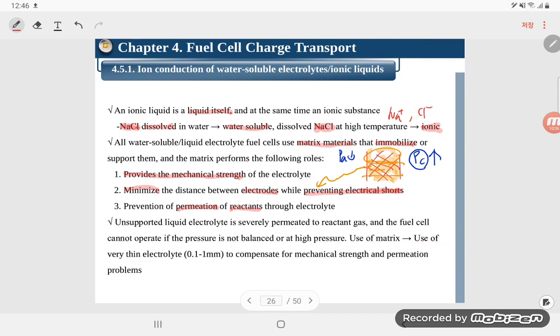So we use a very thin electrolyte with this matrix, from 100 micrometers to 1 millimeter, to compensate for mechanical strength and the permeation problem together.